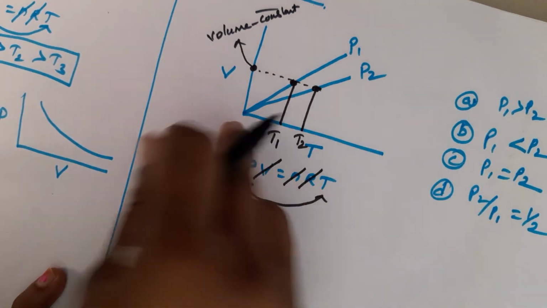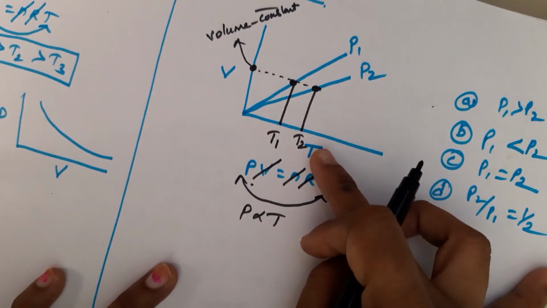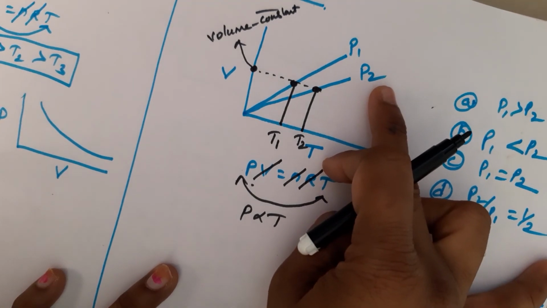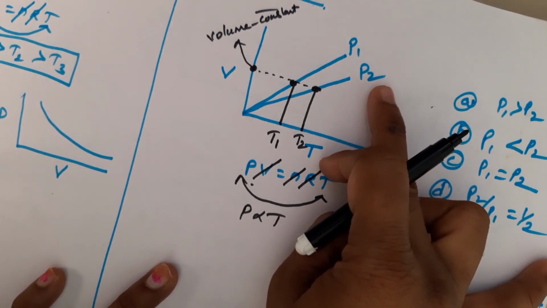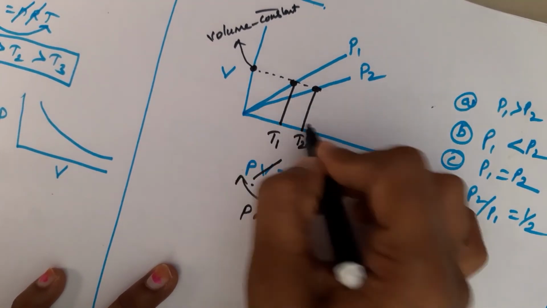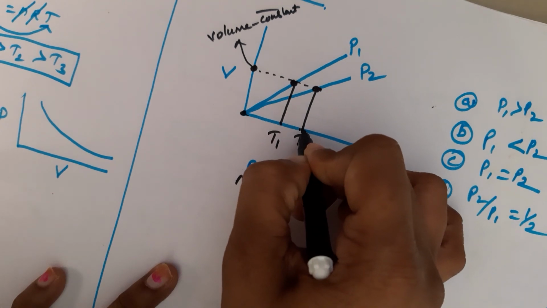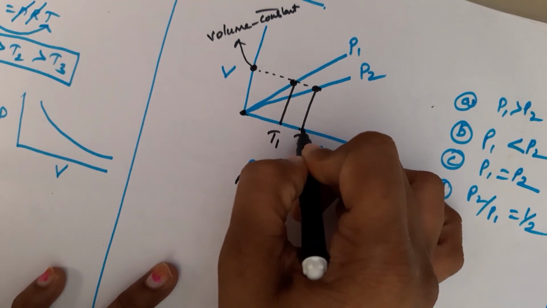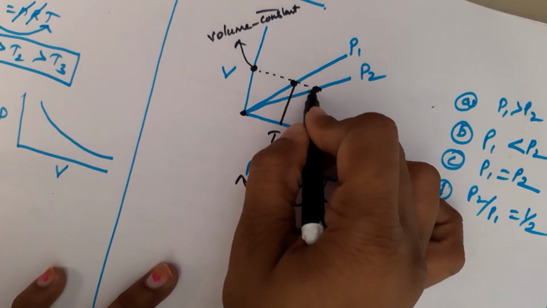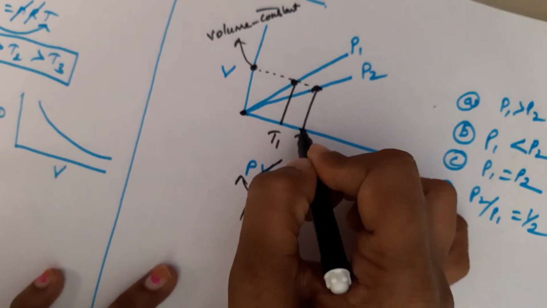That means this one is T1 which corresponds to P1, this one is T2 which corresponds to P2. Now check whether T1 or T2 is more. T2 is more on the x-axis because it is far from the origin.